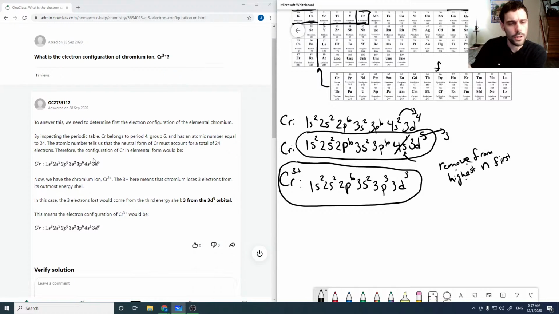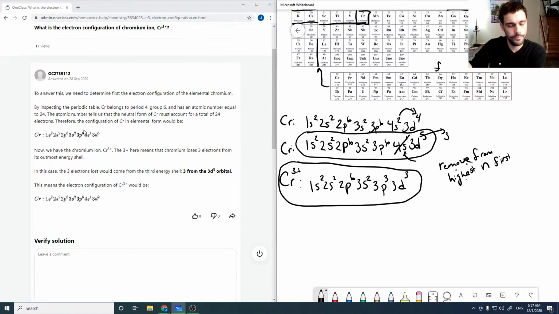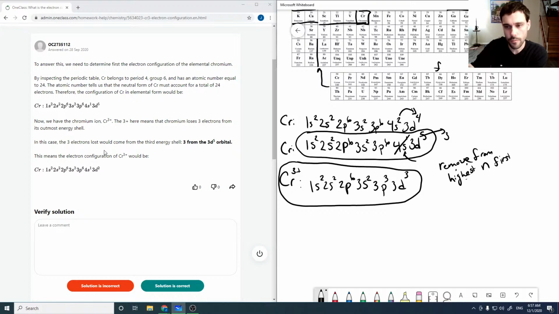Okay, so checking the solution here. So they've correctly noted that we get our half-filled orbital stabilization for d. But we don't pull the 3 electrons from just the d orbital, we take from our highest n first.